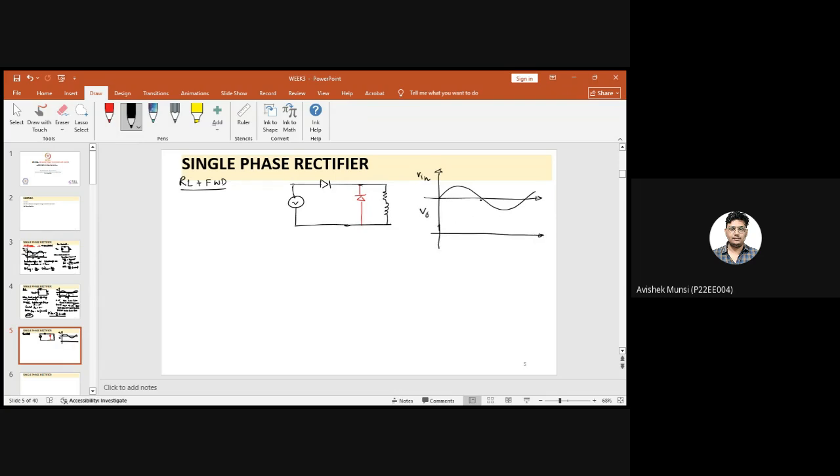See, in the first half cycle, it will conduct similar to any other load, but here the inductor will store energy.